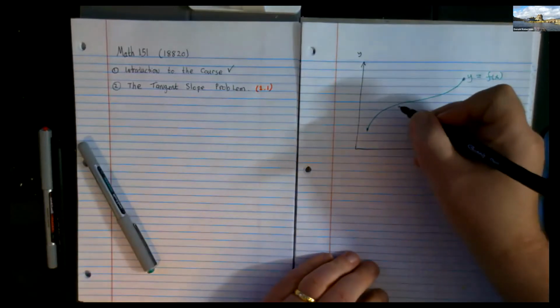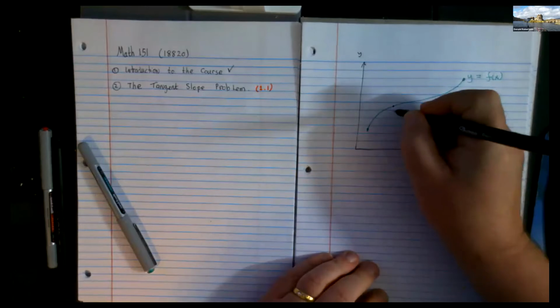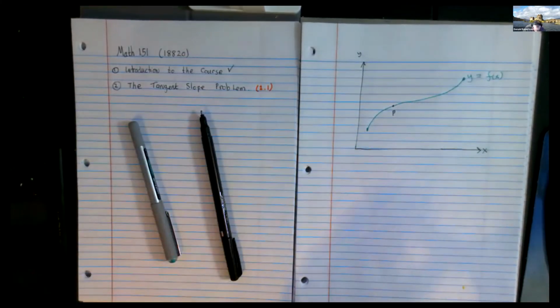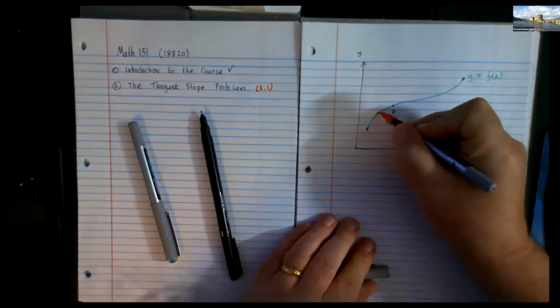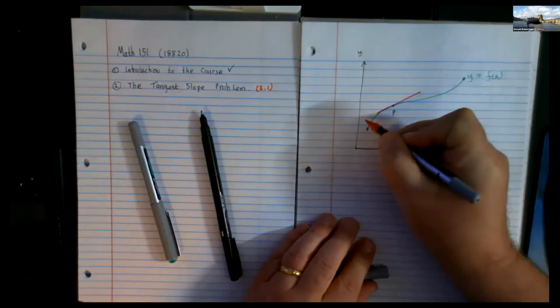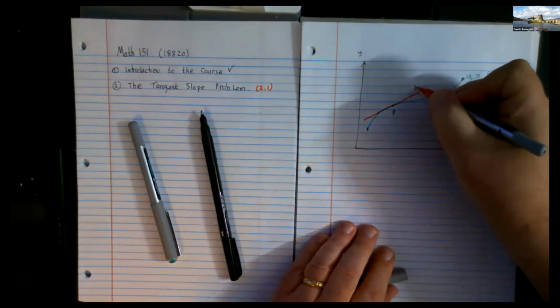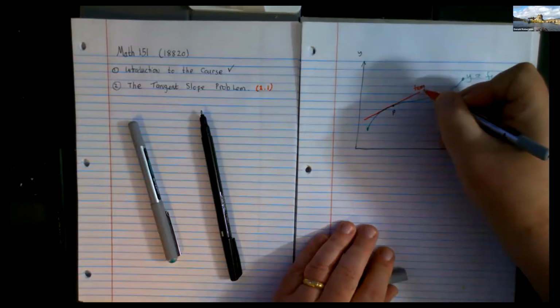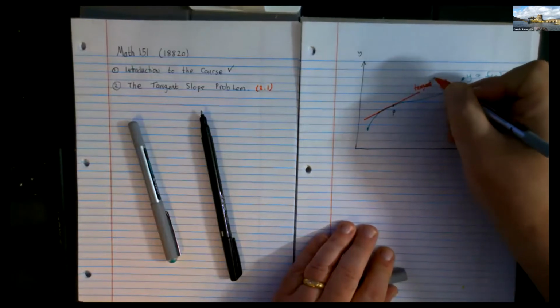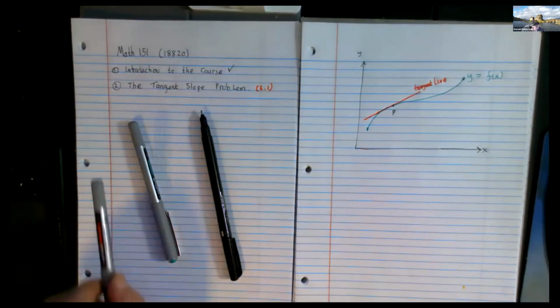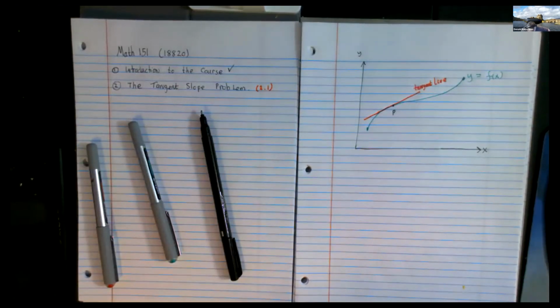And at one particular point, that point there, which I'm going to call P, you want to find the slope of its tangent line, which is essentially the slope of that red line. So that's called a tangent line. Now you might think, what's the biggie? Well, it's a bigger problem than it seems.